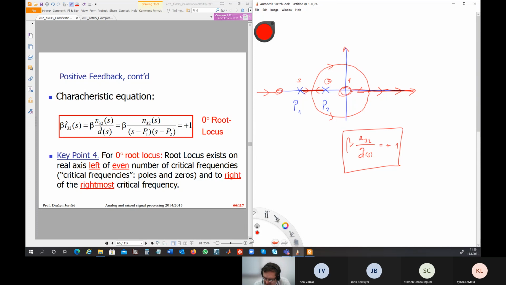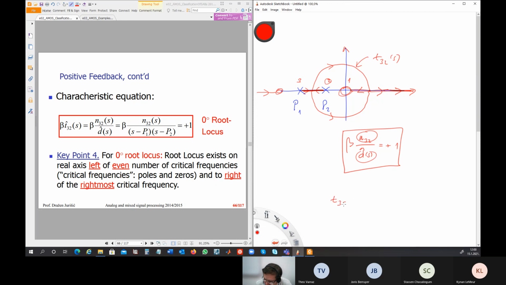So now we immediately see what the transfer function T32 should look like. So we know that this is defined by T32 of S. Because here is N32, T is always the same.